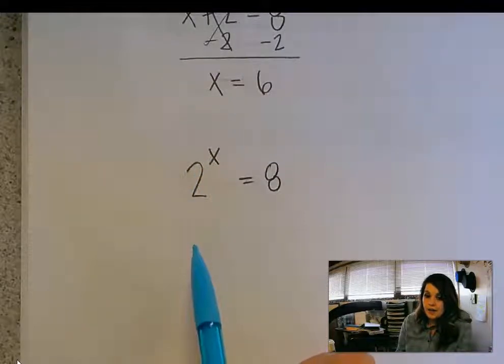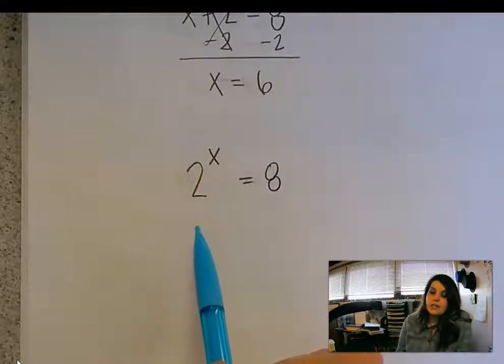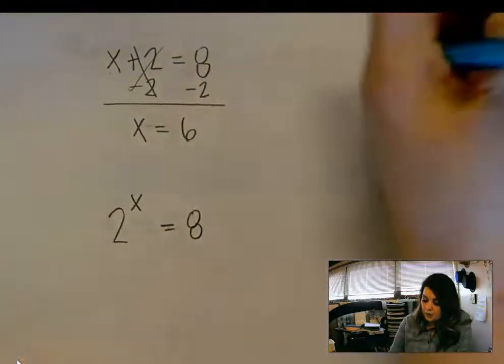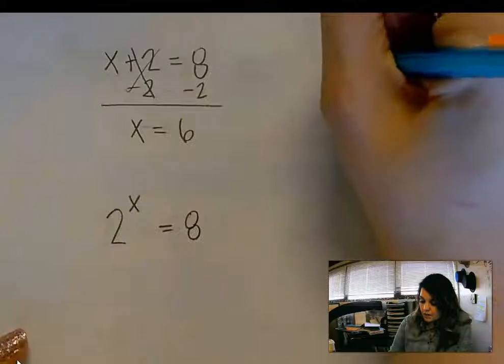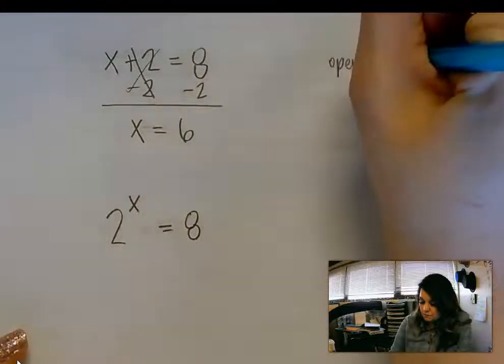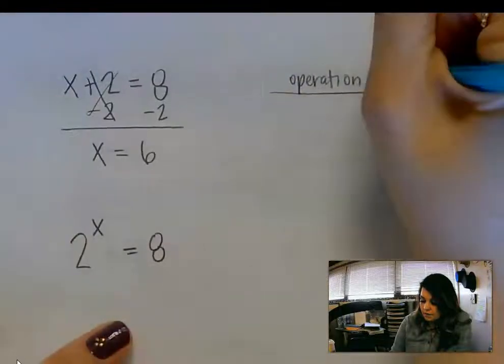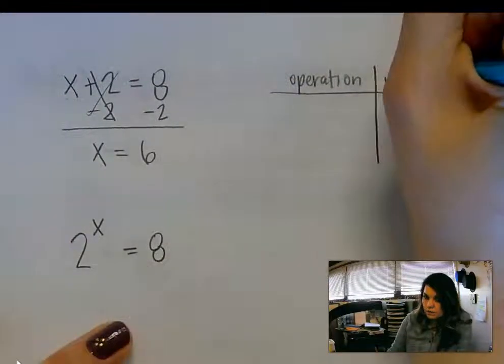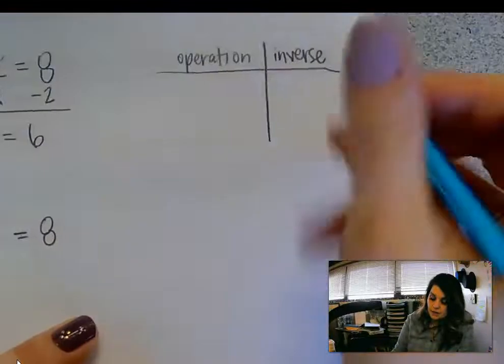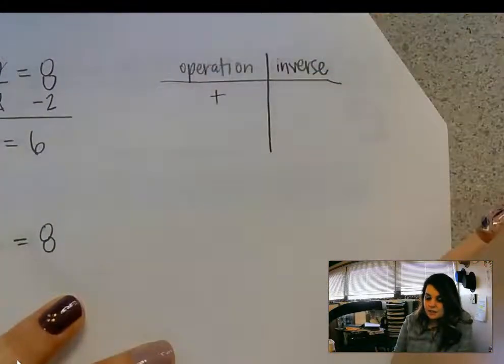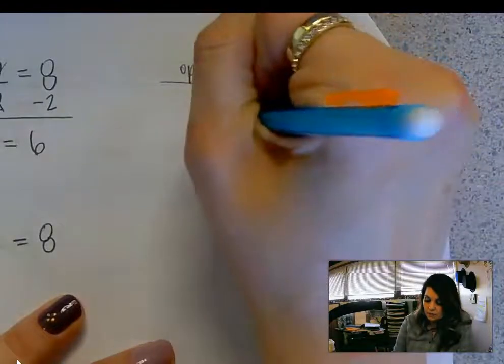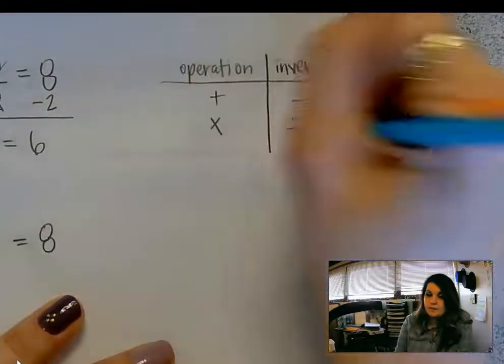Well, it turns out that its inverse is log base 2. So over here, we have our operation and our inverse. The opposite of add is subtract. Opposite of multiply is divide.